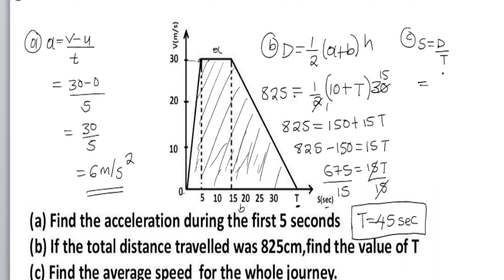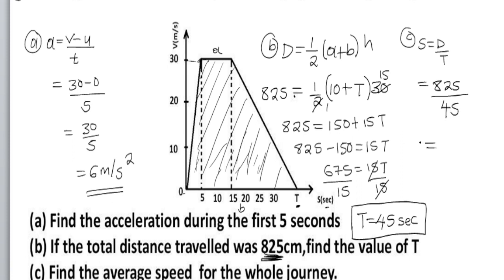So speed is equal to the distance they've given us, which is 825. And what is our time? Our time is for the whole journey. We found t here. t was 45, so the time is 45.